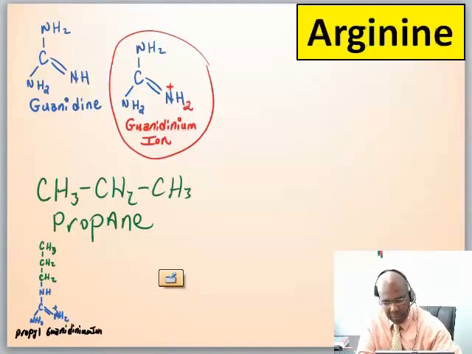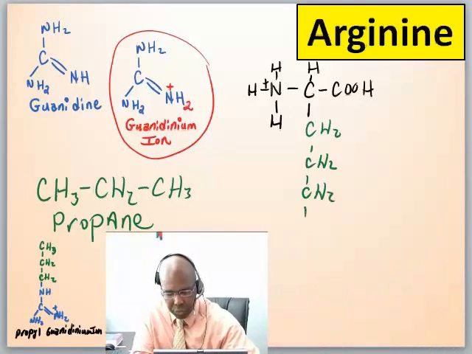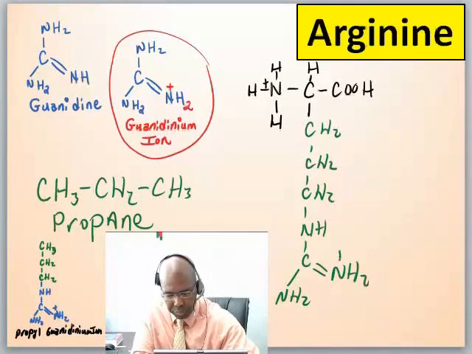Okay, we're going to have our amino group, NH3 plus, the alpha carbon with its H, the carboxylic acid group, and now for propane, or rather the propyl guanidinium ion: CH2, CH2, CH2, NH, C, NH2 double bond, NH2 plus.